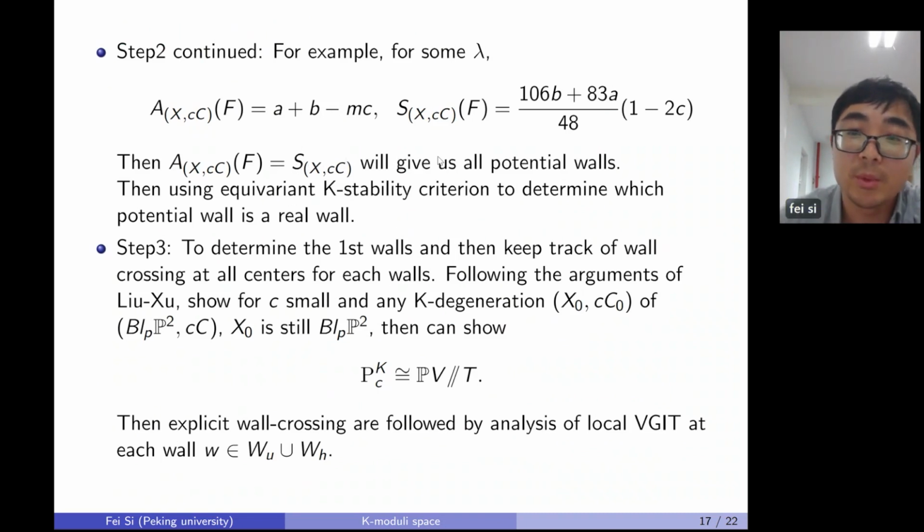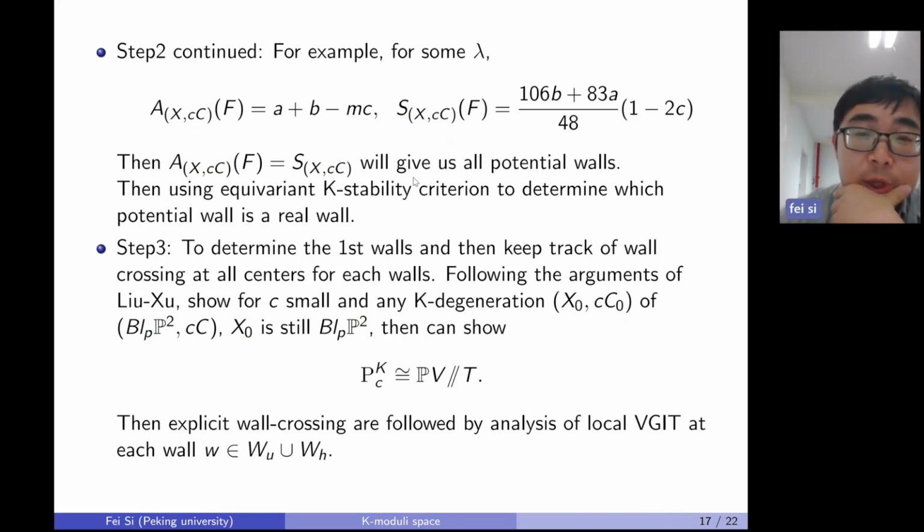Then you can get all the possibilities of a and b, and also the possible curves of C. This will give us the potential walls.